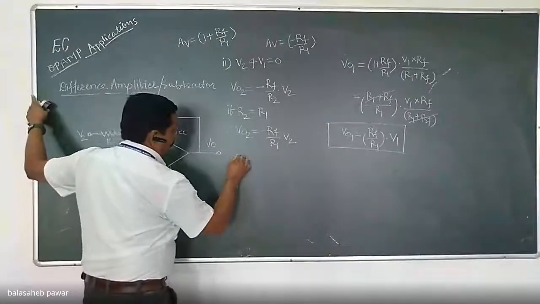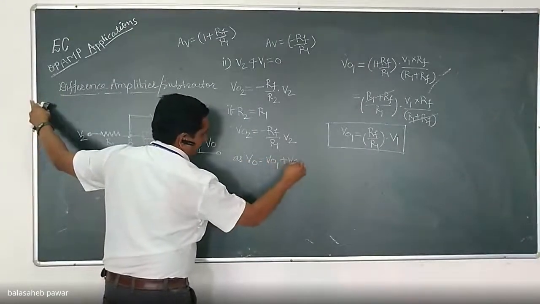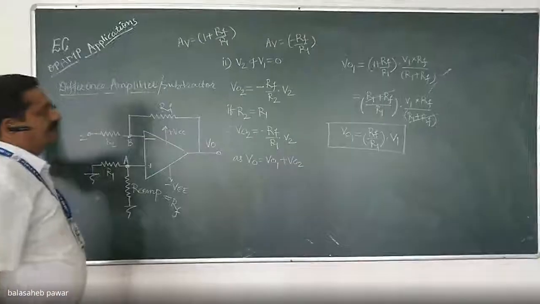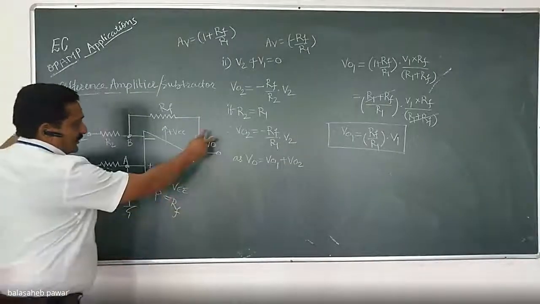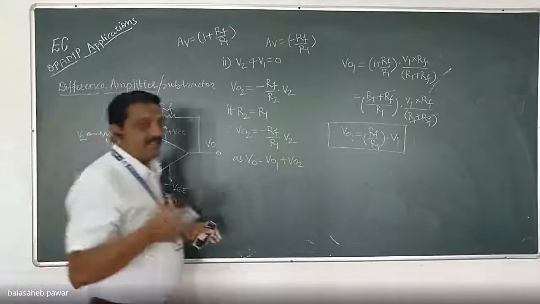Now, the net output voltage VO equals VO1 plus VO2. The net obtained output voltage will be the output voltage individually by V1 and V2.